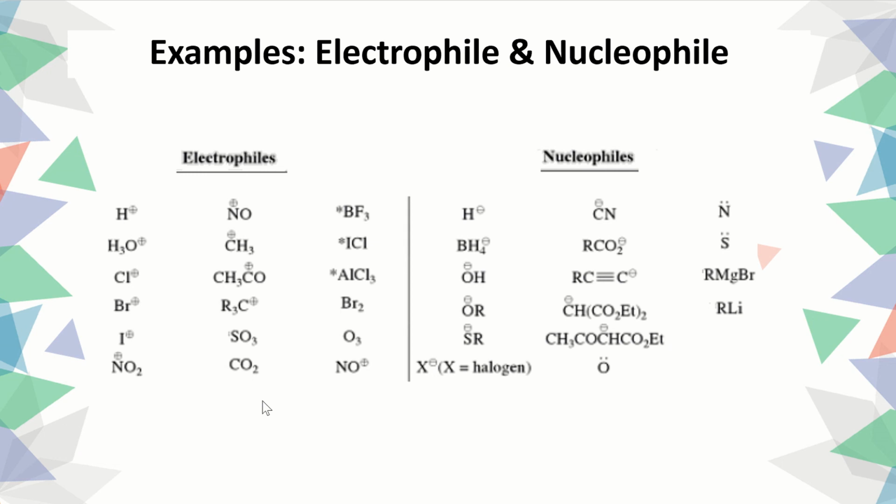And on the nucleophile side we have negatively charged species. So here this X represents halogens that are negatively charged. So these are nucleophiles. Notice most, if not all, nucleophiles have oxygen, nitrogen, sulfur, or are Grignard reagents or alkyl lithium reagents. So these are all nucleophilic species, and these are mostly electrophilic species. Sorry.